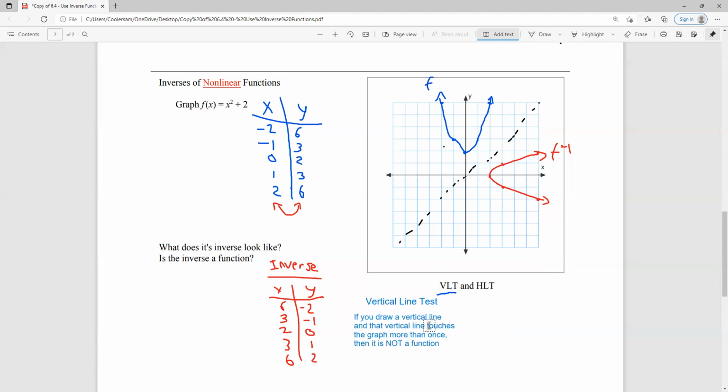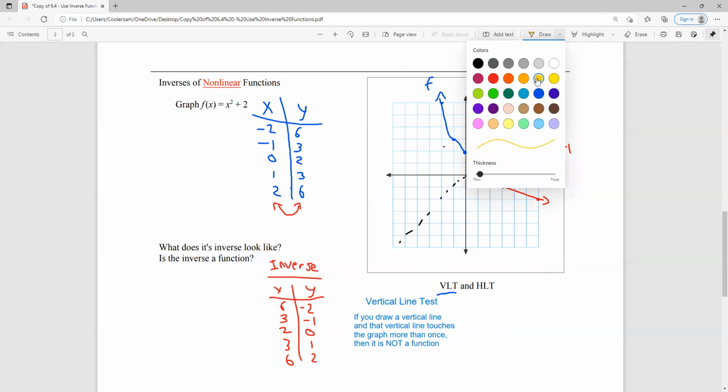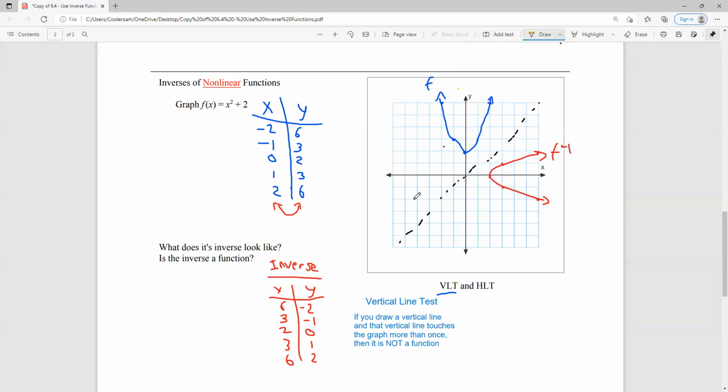So if you draw a vertical line and that vertical line touches the graph more than once, then it is not a function. So let's do the vertical line test on this thing.